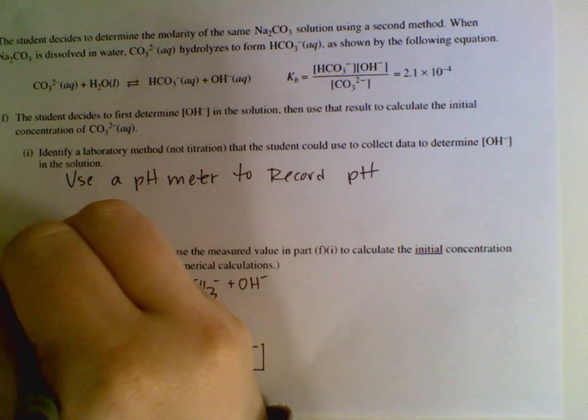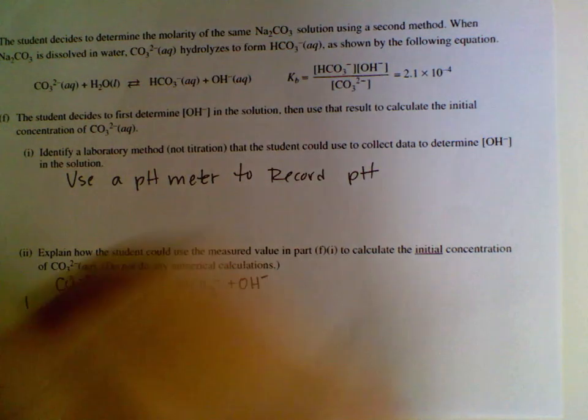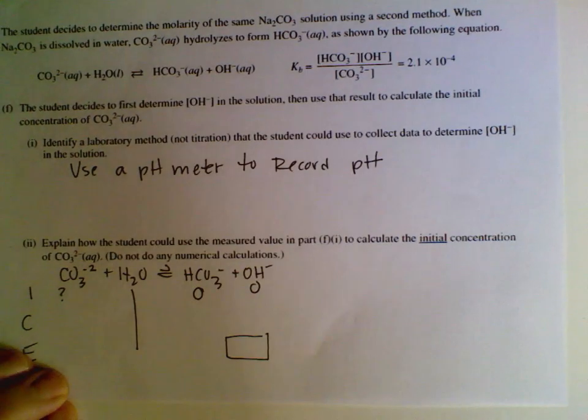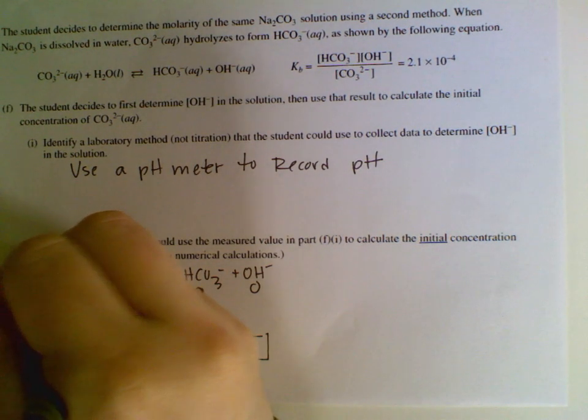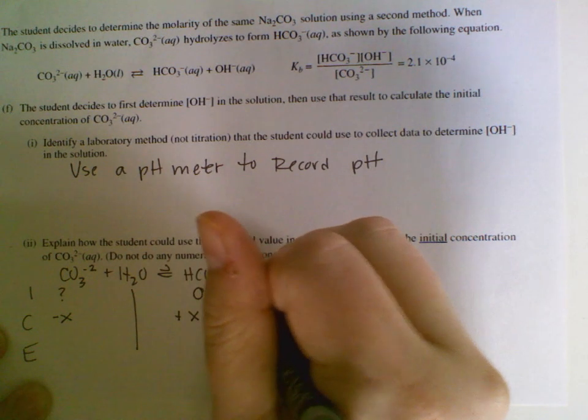So let's say I don't know what my concentration of carbonate is. That's what I'm asked to find. Before the hydrolysis process works, I'm going to have molarities of 0. My change for the carbonate is a -X. The bicarbonate is a +X, and so is the OH-.